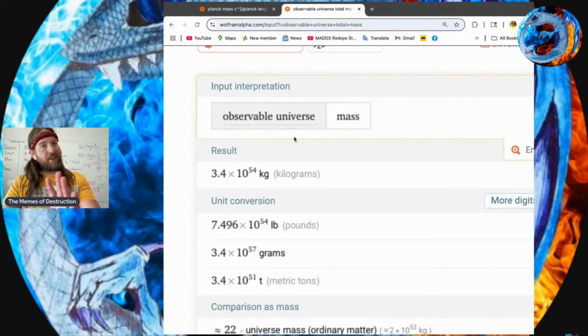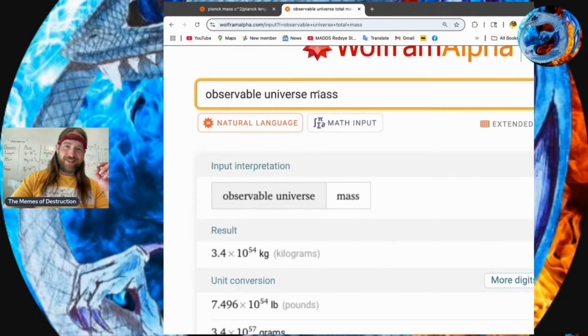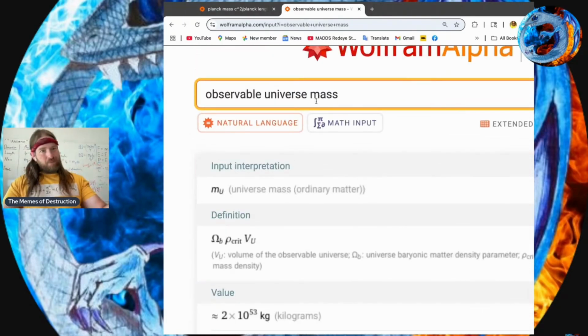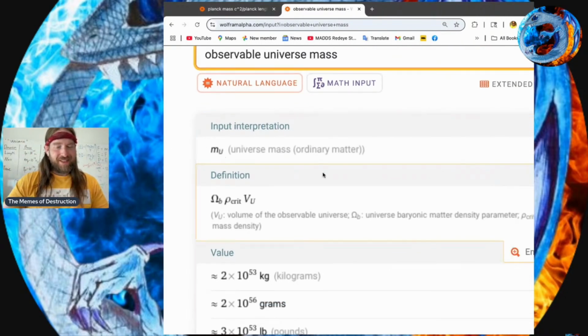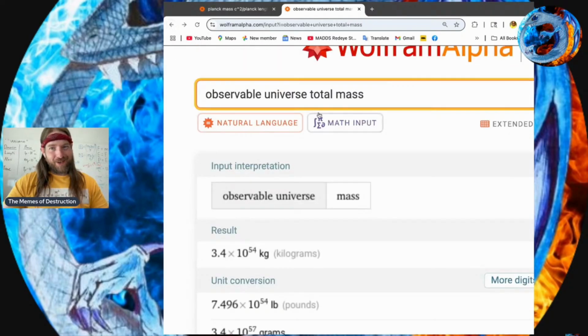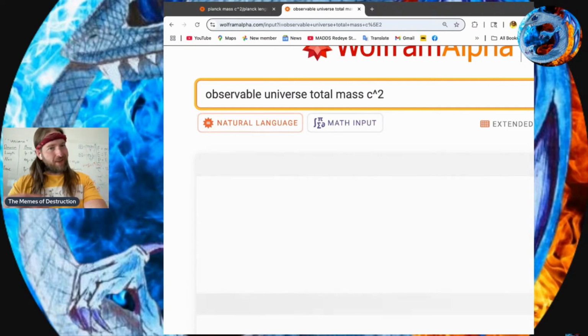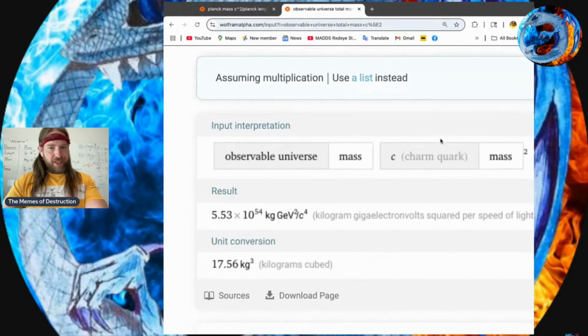Now note, this is the total mass, because if you just do mass, it's just going to do the mass of ordinary matter. That's a little bit less, but for the sake of argument, we'll just do the total. Okay, so we'll multiply by c squared. It'll give us the total mass energy of the observable universe, according to our best measurements.